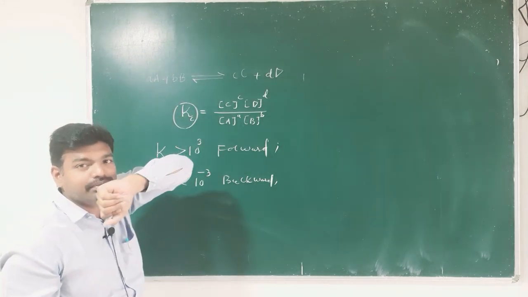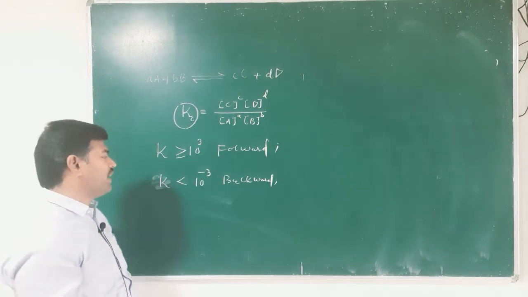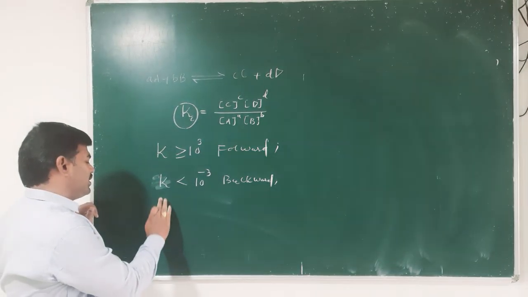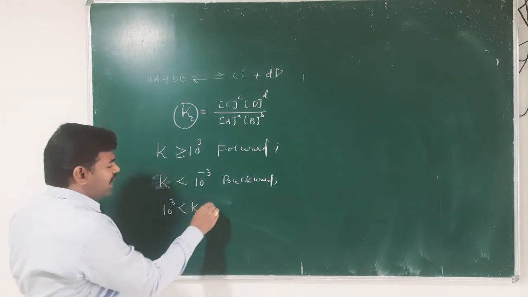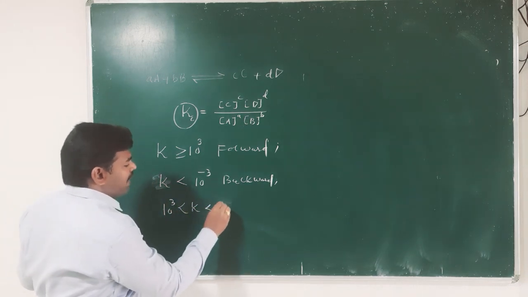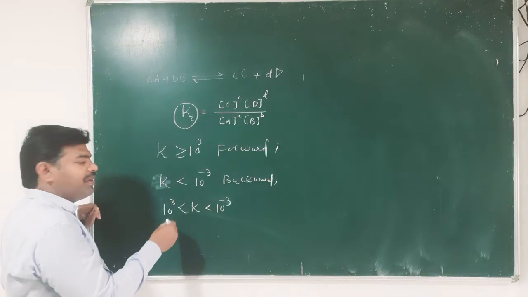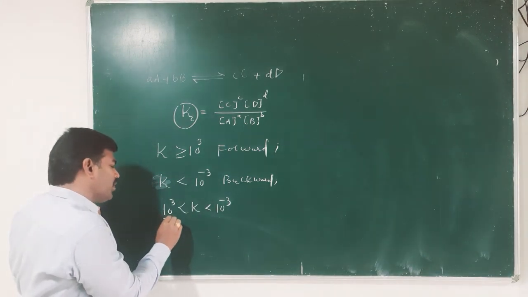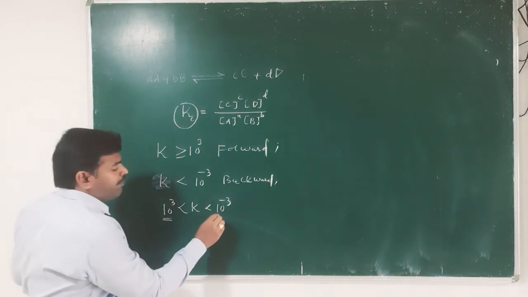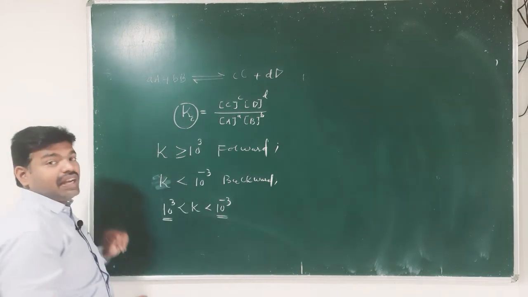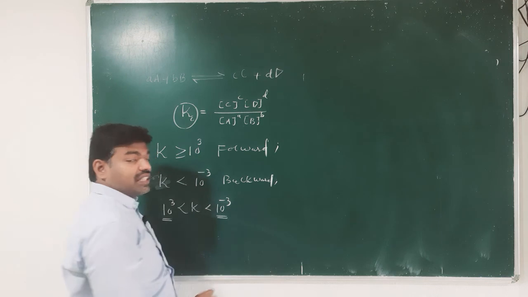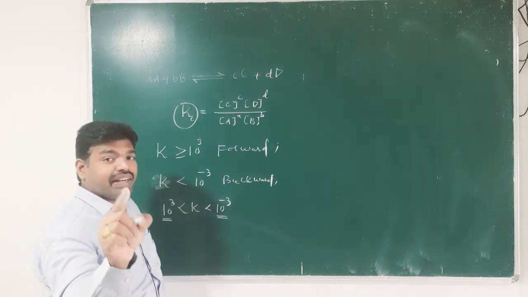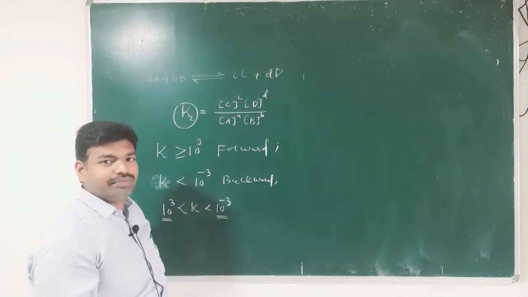predominant over products. Okay, if K is in the range of 10 power minus 3 to 10 power 3, that indicates the concentration of products and the concentration of reactants are comparable.